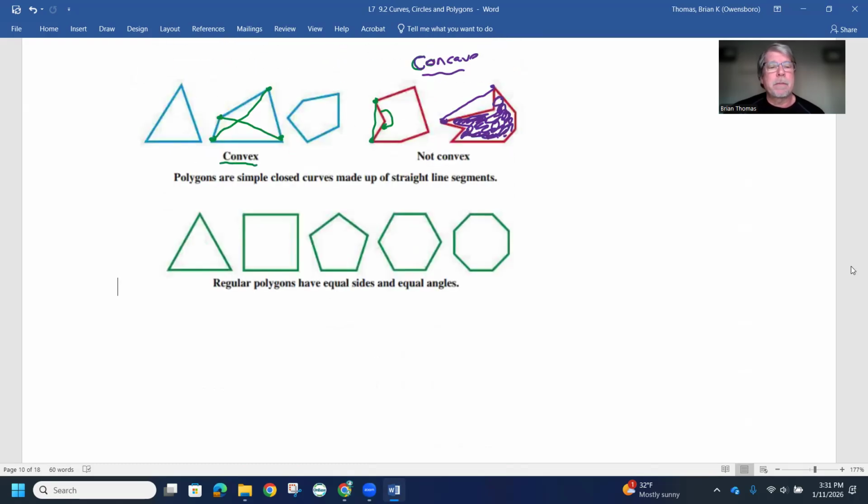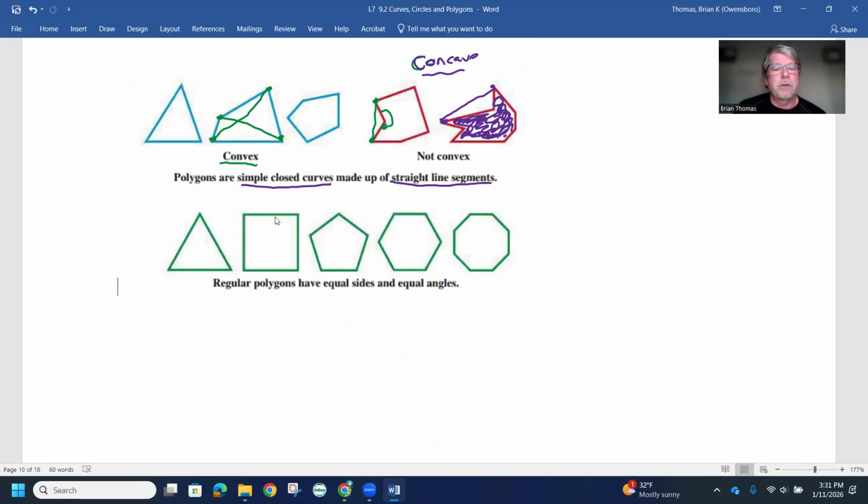So polygons are really going to be these simple closed curves, okay? But these curves are really going to be line segments. So as far as some regular polygons, this is what's called a regular three-sided figure or a regular triangle.